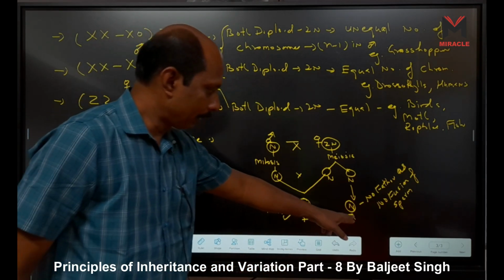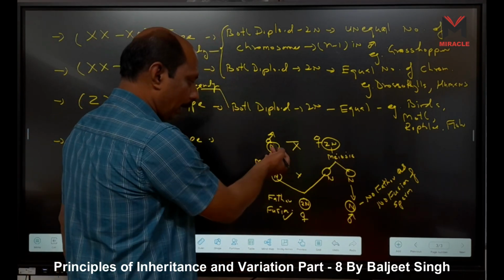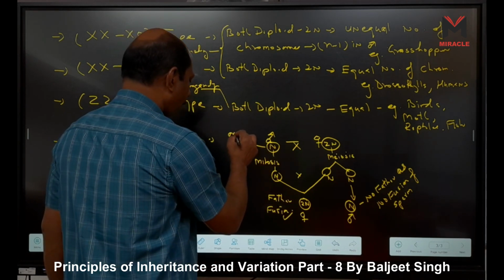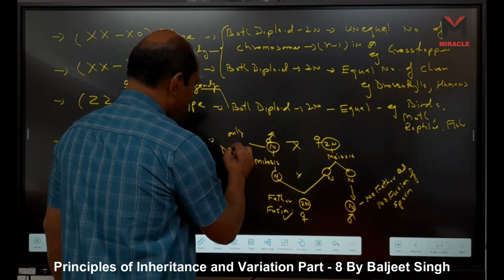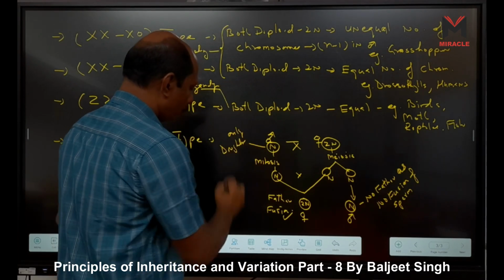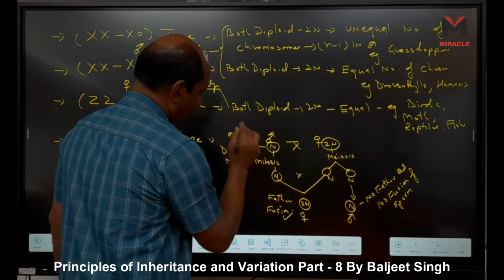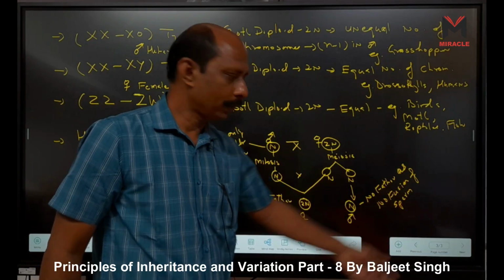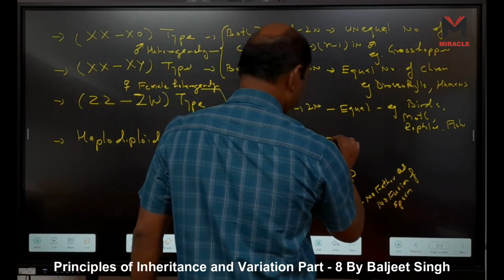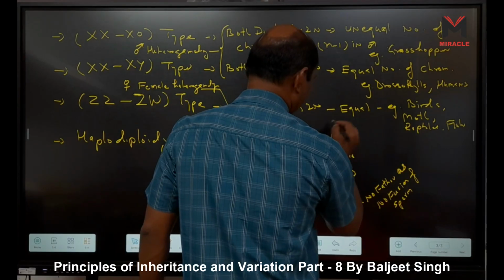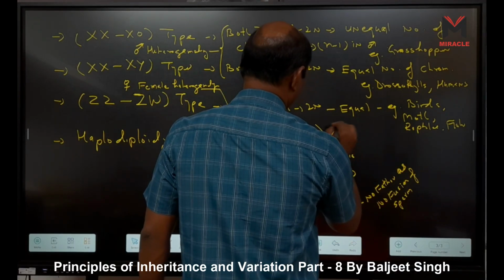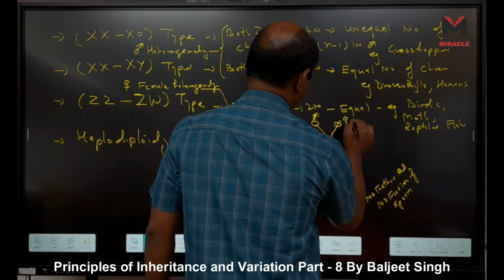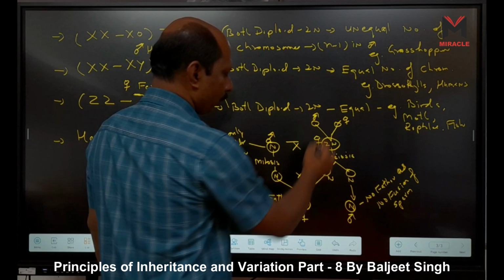That's why we can say males have no father and they have no son, because only daughters are there. So it has only daughters but no son. They have no father because no fusion is there. The daughter has a father and mother because it is produced through male and female gametes, due to the fusion.